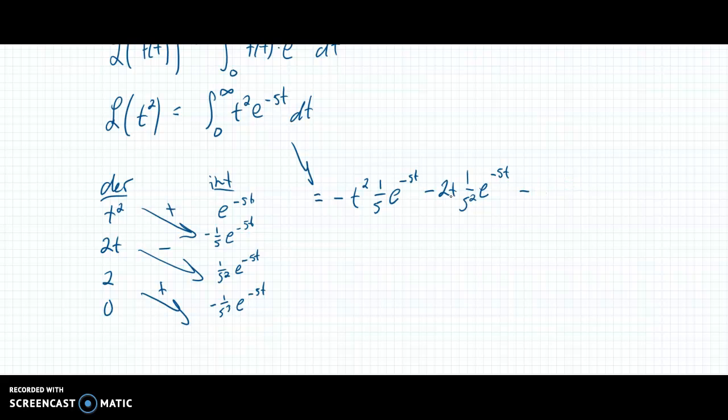The other ones I don't want to, but this one I will. So minus 2 over s cubed, e to the negative st.